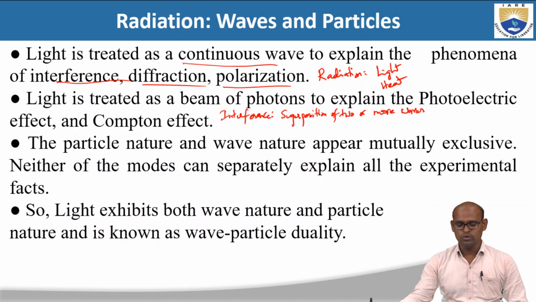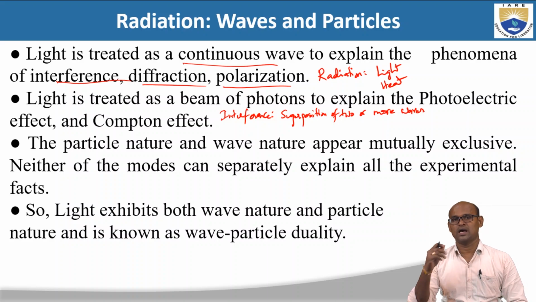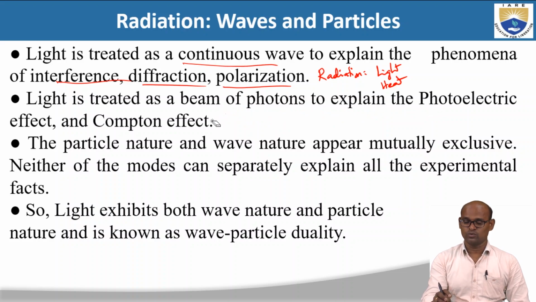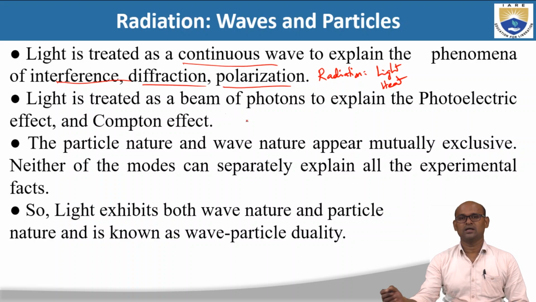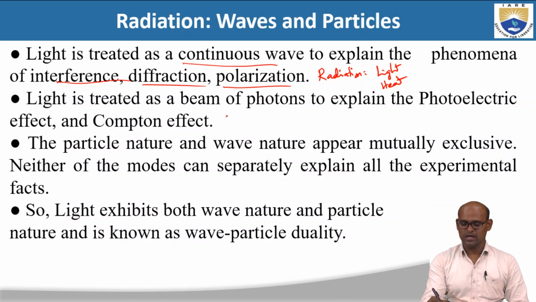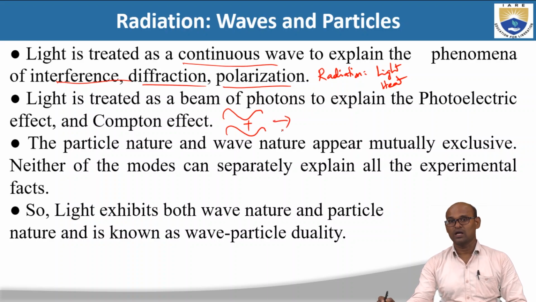How do we understand interference? To understand it, we treat light as a wave. Interference can be of two types: destructive interference and constructive interference. For constructive interference, suppose I have two light waves, for example. These are my two waves. These two waves can undergo constructive interference.